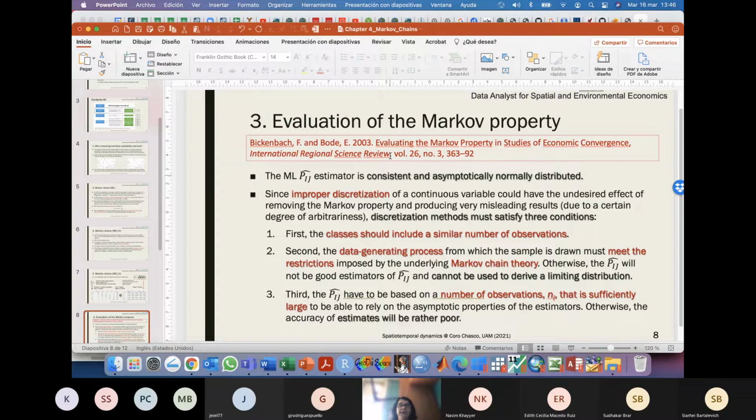It was applied to study economic convergence, but it can be applied to other continuous phenomena, like population.